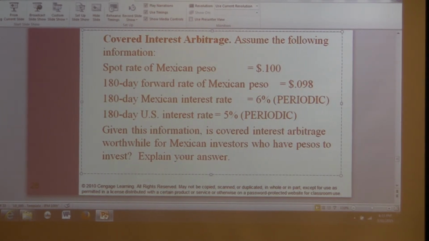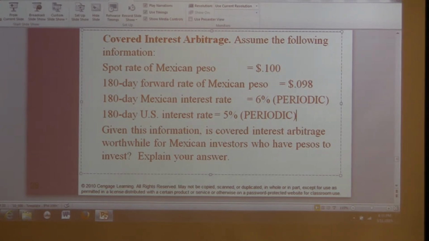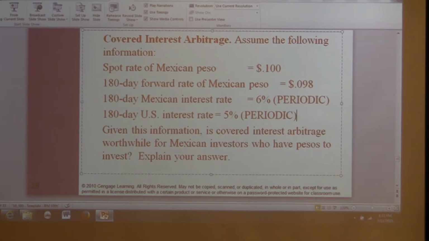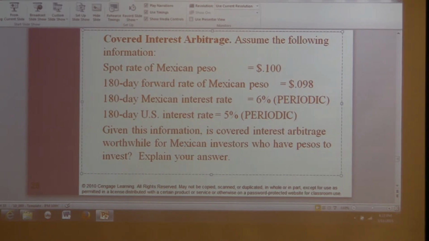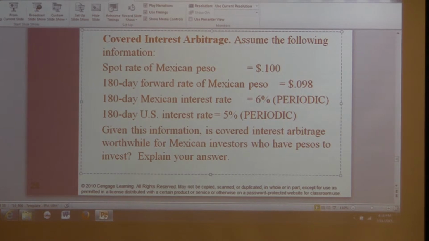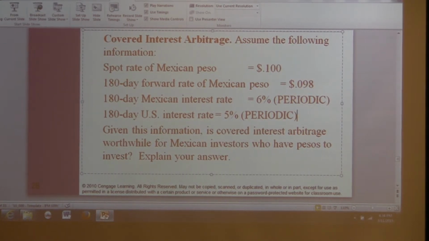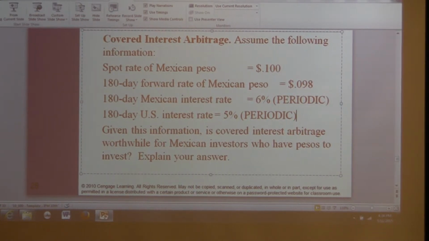So for 1 US dollar, how many pesos do you have to pay? 10, isn't it? So that's one thing you want to be careful about, okay? So the spot price here is going to be 1 by 0.10, that gives you 10, okay? Because you are now in Mexico and you're applying the formula, okay? So the spot exchange rate is how many pesos you have to pay for 1 US dollar, okay? You okay?